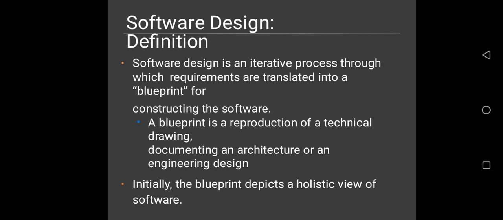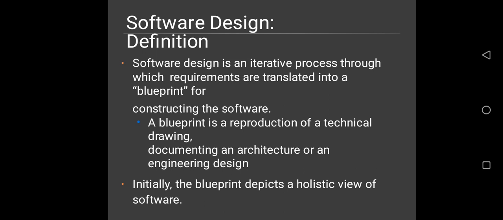I told already, the initial activity of software development is requirements gathering. Without requirements, no product can be developed. So for producing any engineering product, requirements must be defined, and the defined requirements are converted into a blueprint. In software, the requirements are converted by design notations.